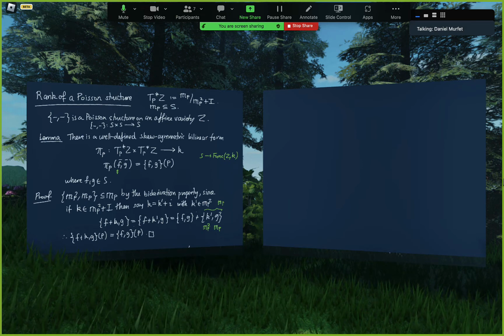That it's skew symmetric and bilinear follows from the fact that the pairing is so. Okay, so the point here is that out of a Poisson structure on an affine variety, you can construct a bilinear pairing on the cotangent space at any point. And then I can define the rank.